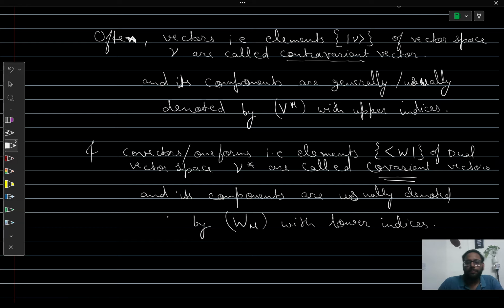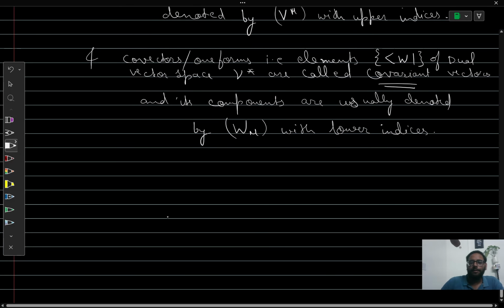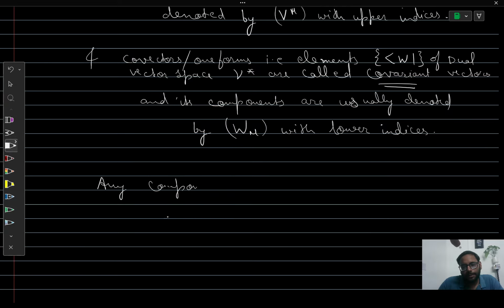So whenever you find any component, suppose this is my a mu, with the index upstairs, this is called a contravariant vector.